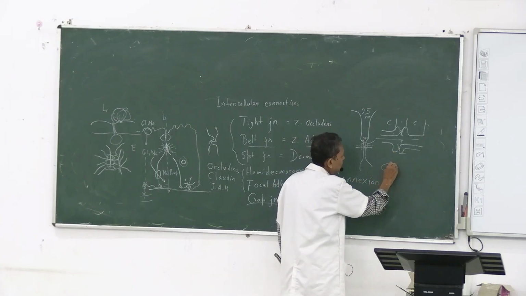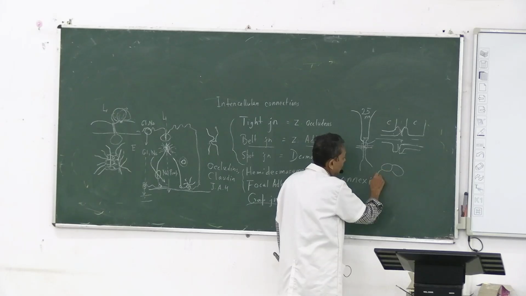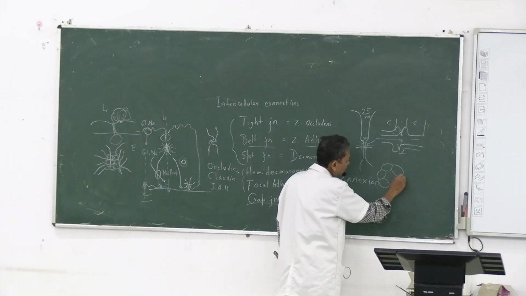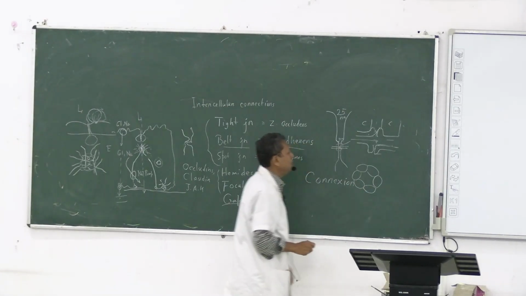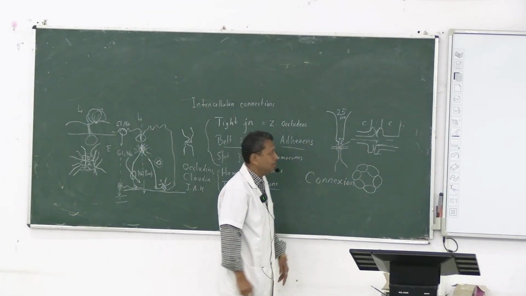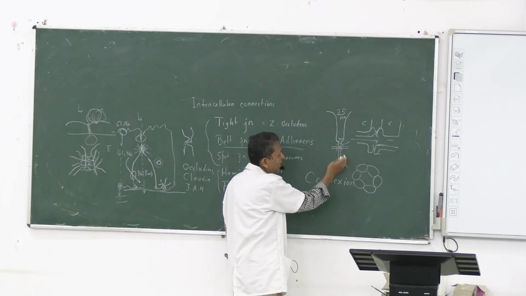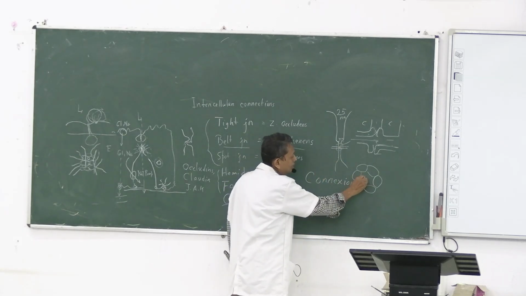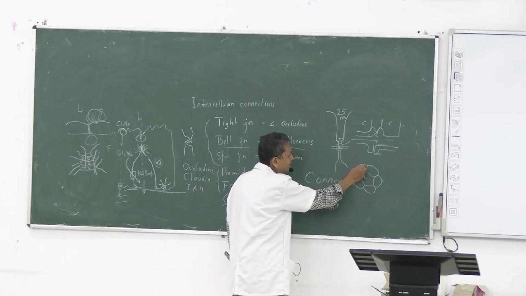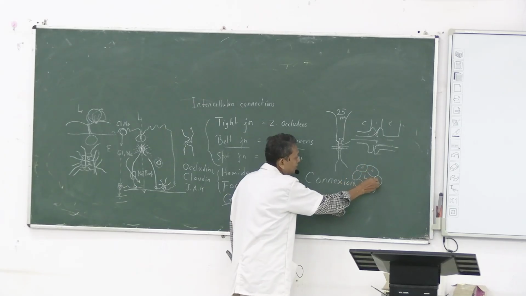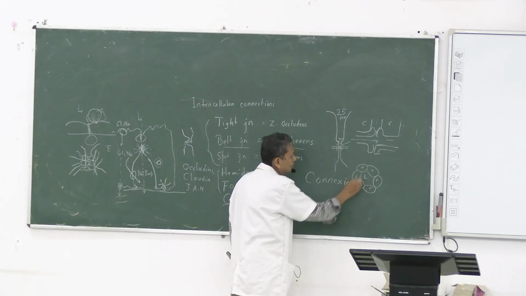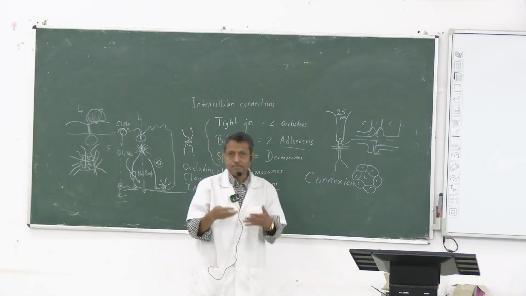Suppose they are disposed in this way. These subunits are called connexons. If you take this face and it is disposed in this way, and it is the lumen, and it is the connexins, they oppose one another.